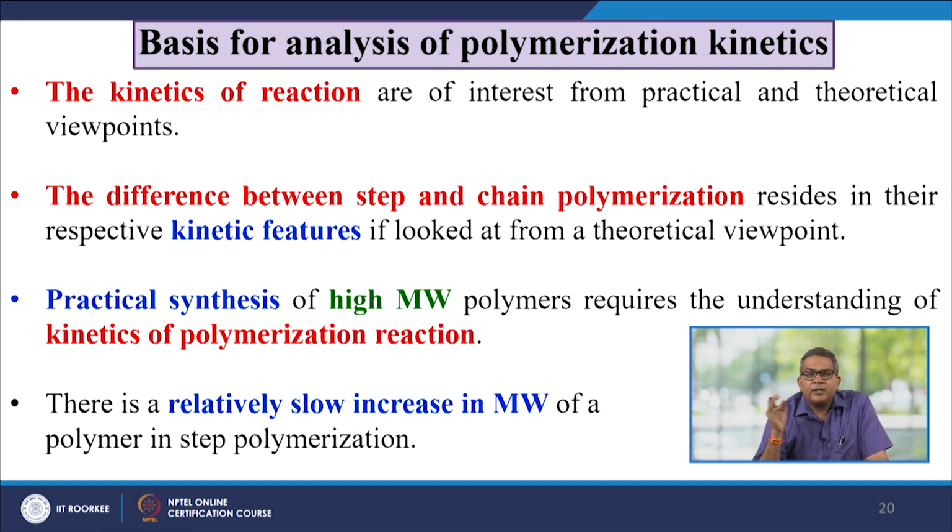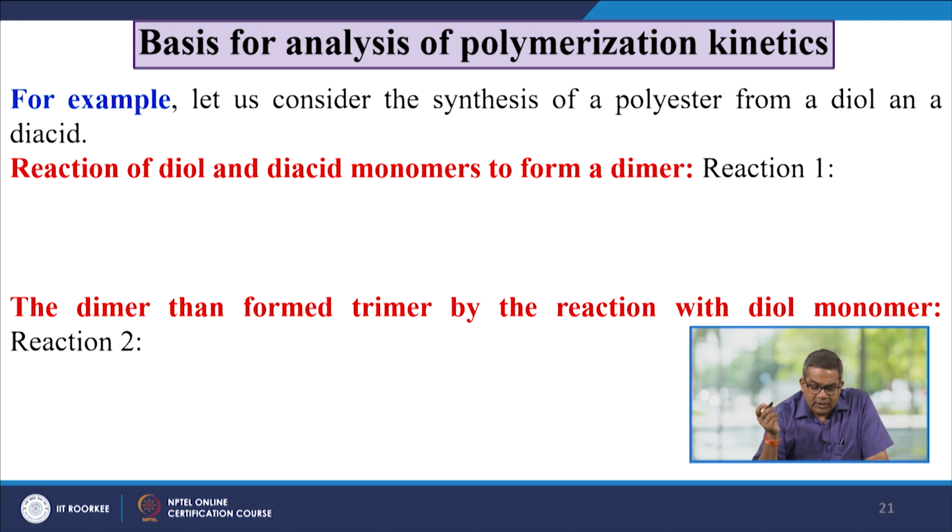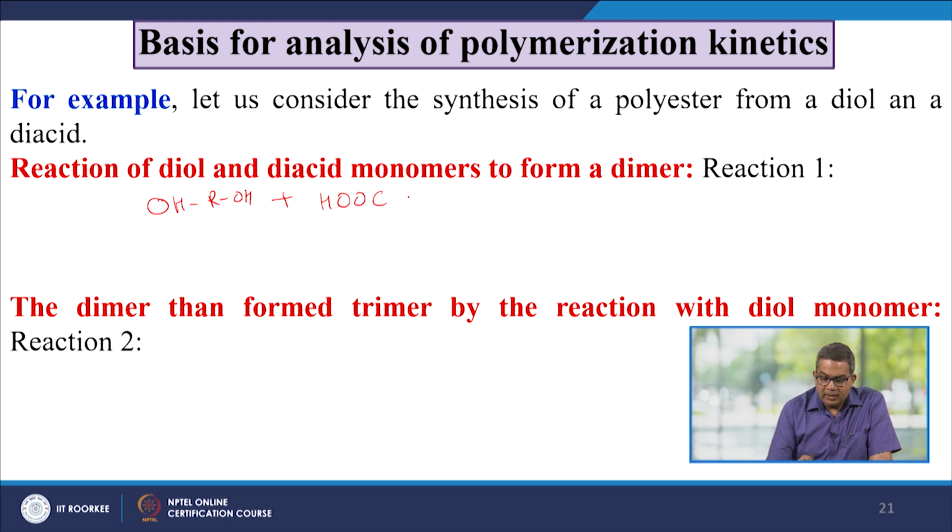Now, there is a relatively slow increase in molecular weight of a polymer in step polymerization. For example, let us take the synthesis of polyester from a diol and a diacid. The reaction of diol and diacid monomer forms the dimer. So, this is HO-R-OH plus HOOC-R'-COOH, and this can be represented like this.